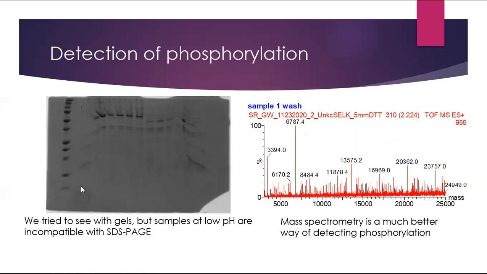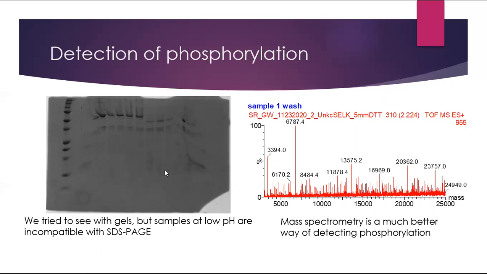One way would be to see if the electrophoretic mobility on one of these glycine or Tricine gels is actually affected by the protein being phosphorylated. In theory, you could see if that happens because the protein would then have a very large negative sphere of electron density just being slapped onto the sequence.